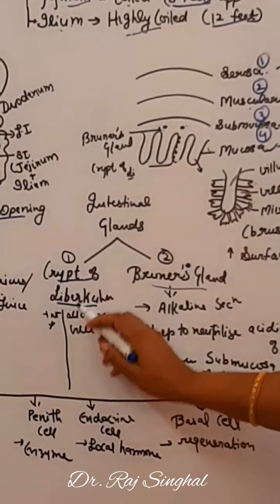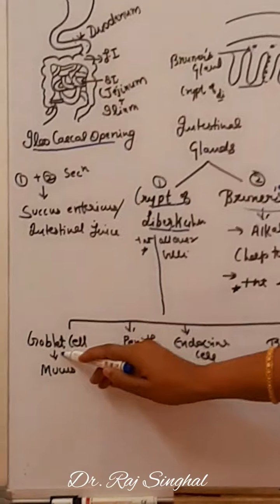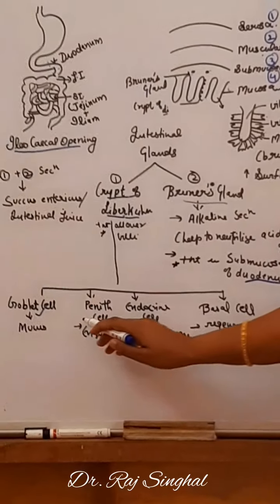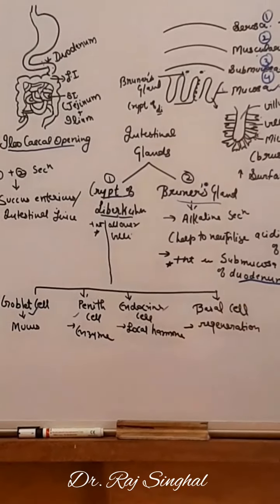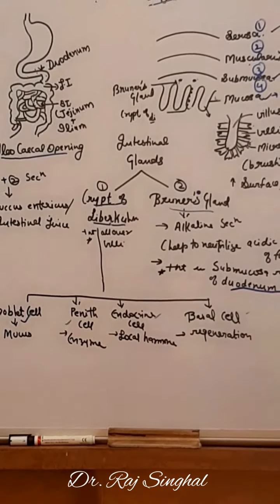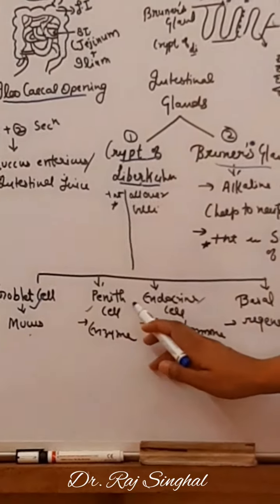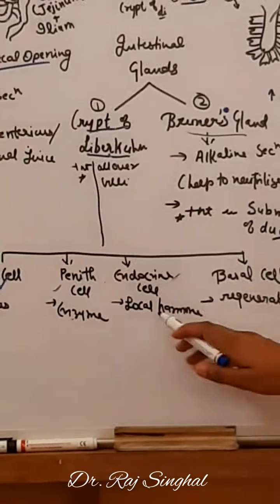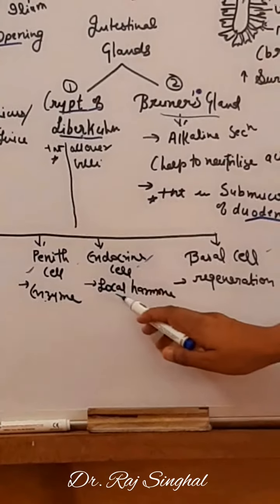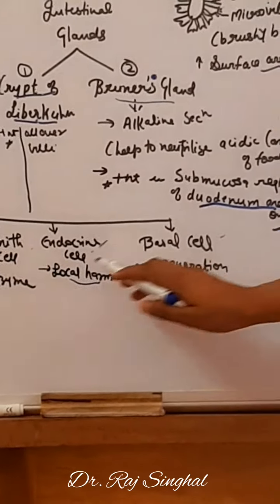Crypt of Lieberkühn contains different types of cells such as goblet cell, Paneth cell, endocrine cell and basal cell. Goblet cell is responsible for secreting mucus, Paneth cell secretes enzymes, endocrine cells secrete some special type of hormones which are local.